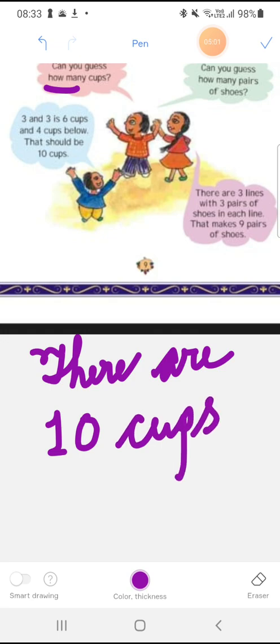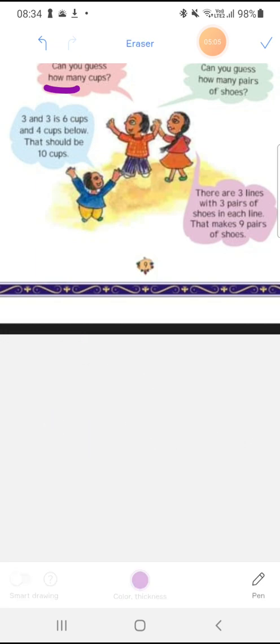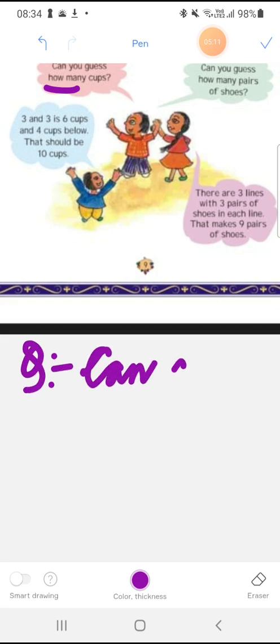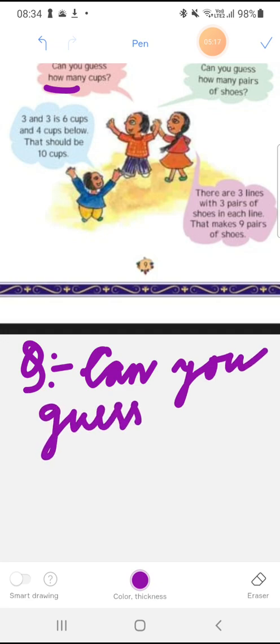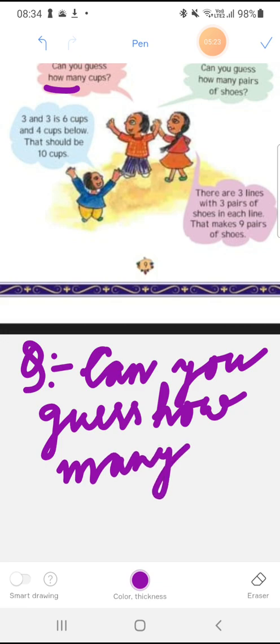and copy down this. First you write down the question: can you guess how many cups? This is your question.